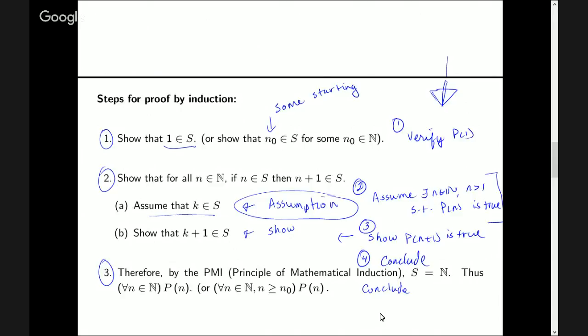So the first step is to show P of 1 is true. What does it mean to be divisible by 3? Do you do P of 1 first, or do we define divisible by 3?